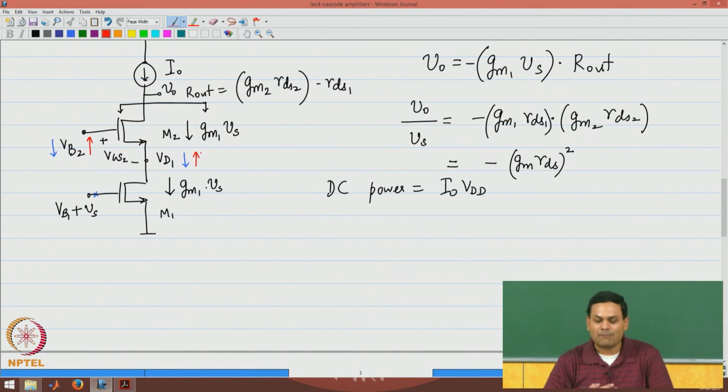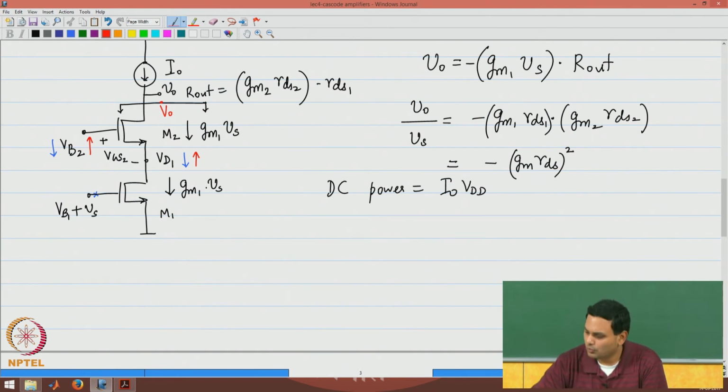So, M1 is moving further away from triode. So, there is no problem with M1, but note that at the output, if the output were biased at some voltage VODC, eventually set maybe through feedback, the transistor M2 will go into the triode region.